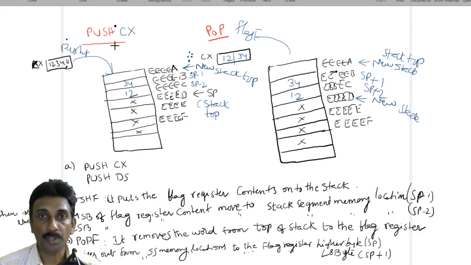From that point of view, push and pop instructions come into the picture. Push is sending the data into the stack memory locations using the stack pointer, and pop is taking out, or retrieving, the data from the stack memory locations to the outside registers or memory locations. So pushing is sending the data into the stack memory locations, and popping is taking it out from the stack memory locations.